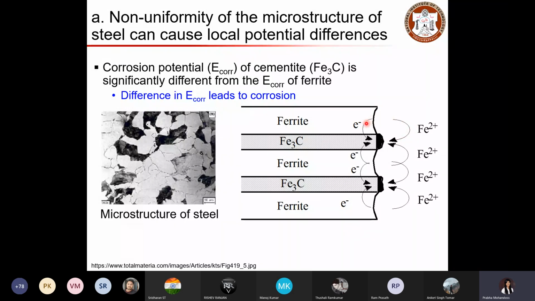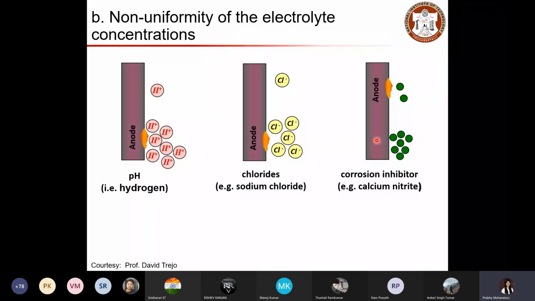Now the electrons are coming to this cementite, which will act as the cathode, and this will lead to the formation of OH- ion, and that OH- ion will react with this Fe2+ coming from the anode, leading to the formation of rust. This can happen in any steel if you look at the microstructural level. We look at non-uniformity of electrolyte due to electrolyte concentrations.